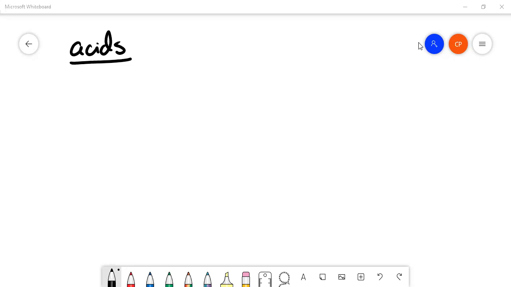Just start naming acids, and don't use the chat, just unmute a mic and actually say something as we're naming these acids, okay? Tell me an acid. Go. I was about to hear something in the Zoom room, and I was wondering if I was going to hear the same thing. But nope, the classroom got it.